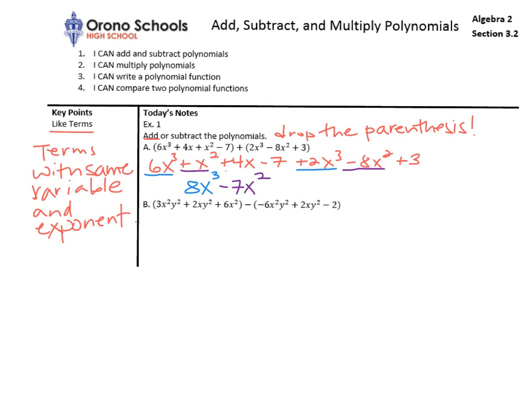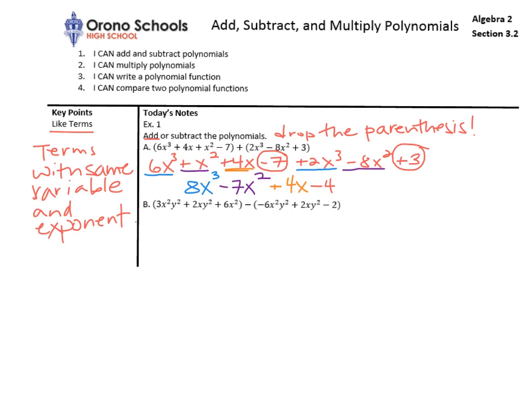Noticing that the plain x term, there's a 4x in the first parenthesis, but none listed in the second, so I just write that term. And then last but not least, we have our constants of negative 7 plus 3 for a value of negative 4. That's when you add the polynomials together.